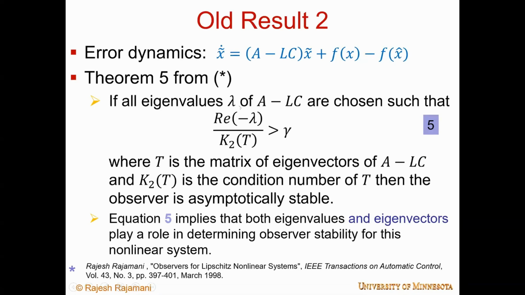So this result says that the locations of the eigenvalues as well as the condition number of the eigenvectors are both important. This ratio needs to be bigger than the Lipschitz constant in order to have the observer be asymptotically stable.